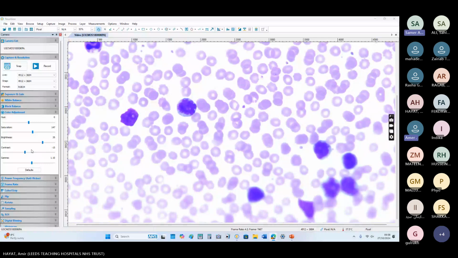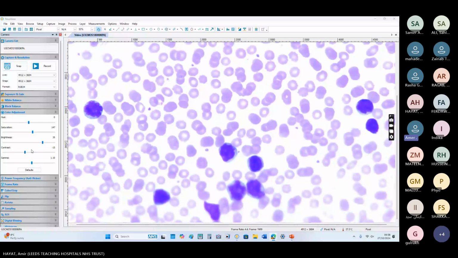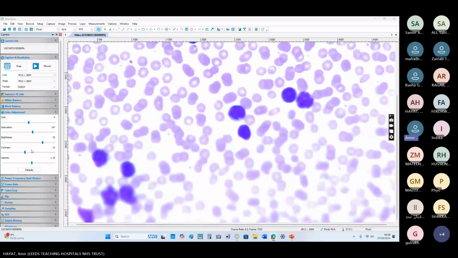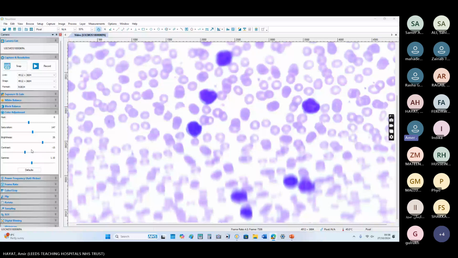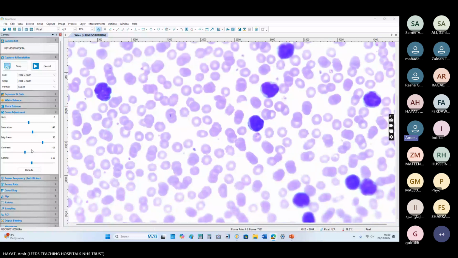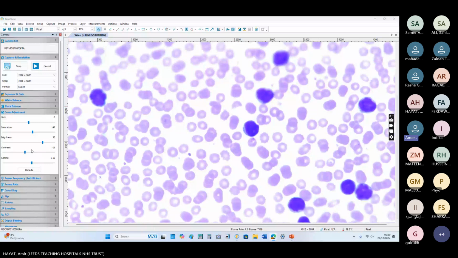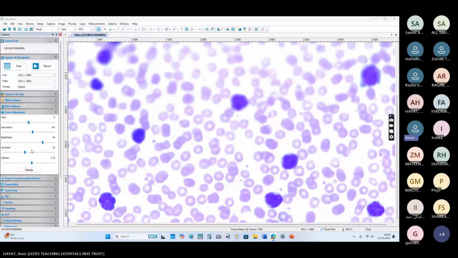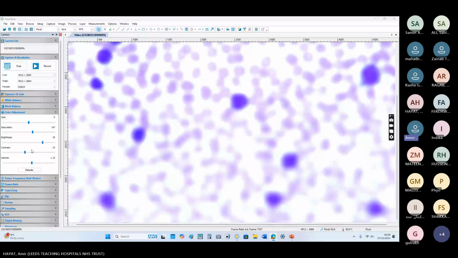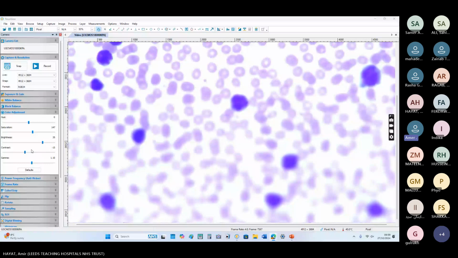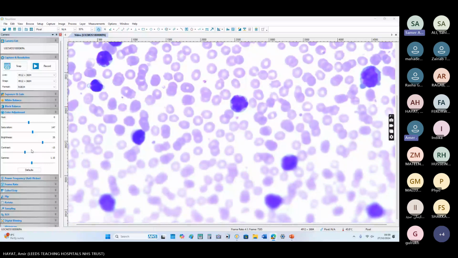Prominent nucleoli will be there if you are suspecting a CLL, because CLL can have prolymphocytes, and prolymphocytes will have prominent nucleoli. But the nuclear material is very, very mature, very dark. In acute leukemia, the nuclear material is very open, orangish color. Yeah.